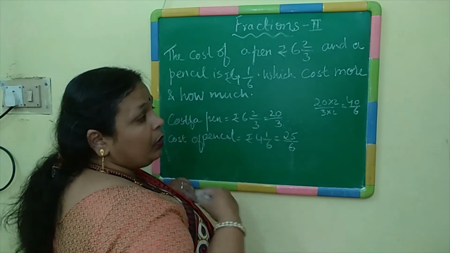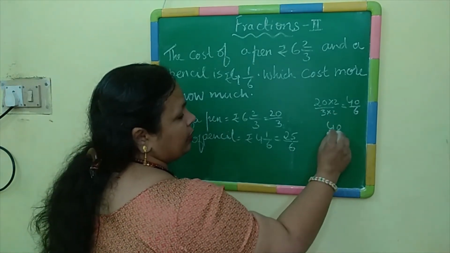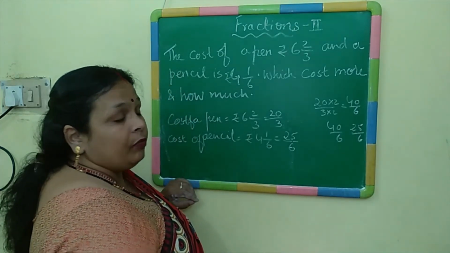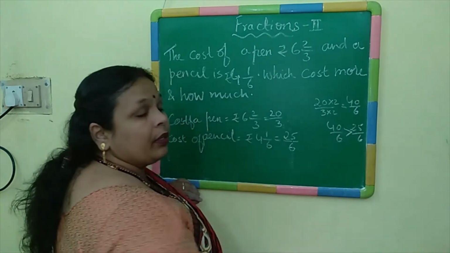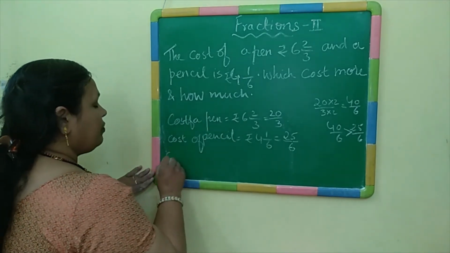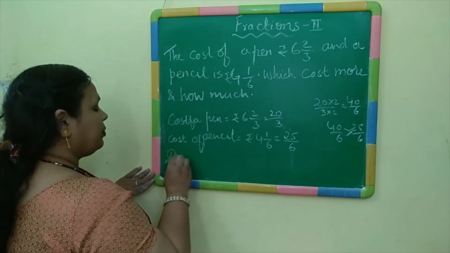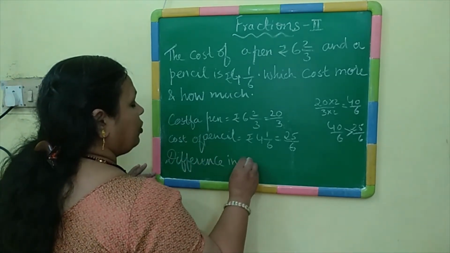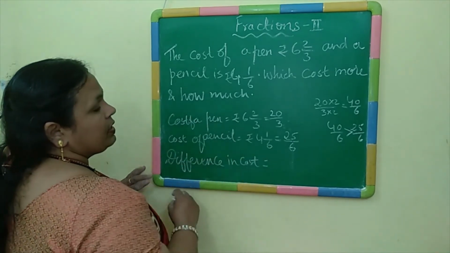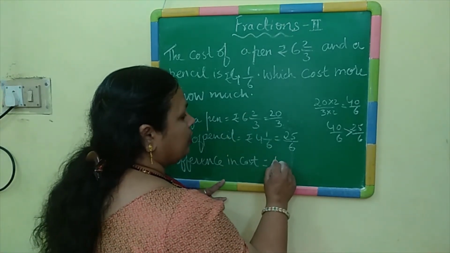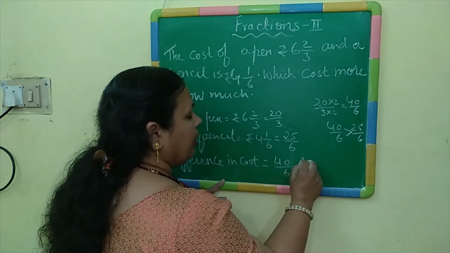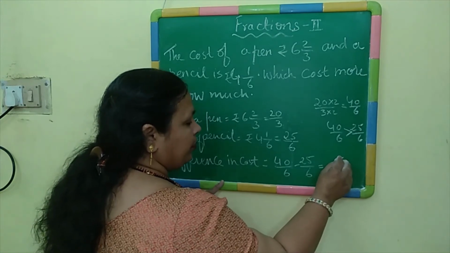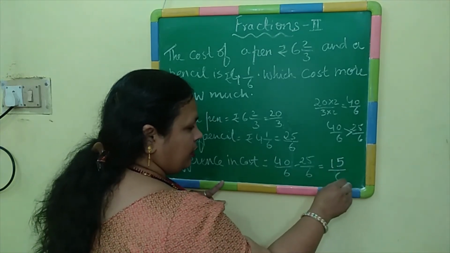Clear? Now when you compare 40 by 6 and 25 by 6, which one is greater? Definitely 40 is greater. So the difference in cost is, what is the difference? This is 40 by 6 minus 25 by 6 will give you 15 by 6.